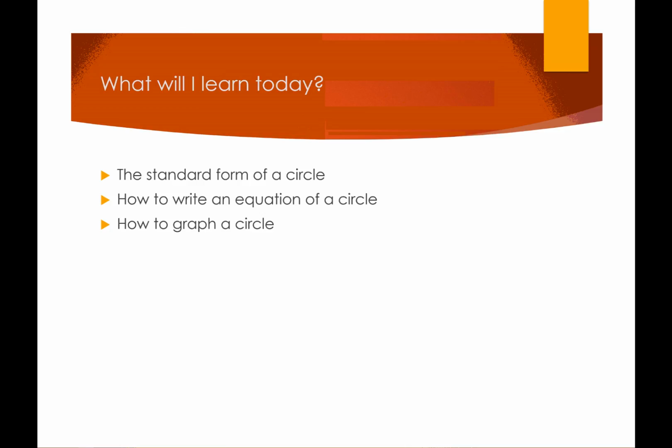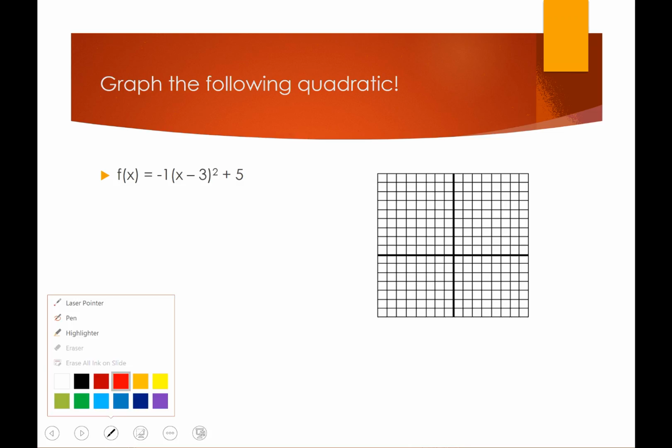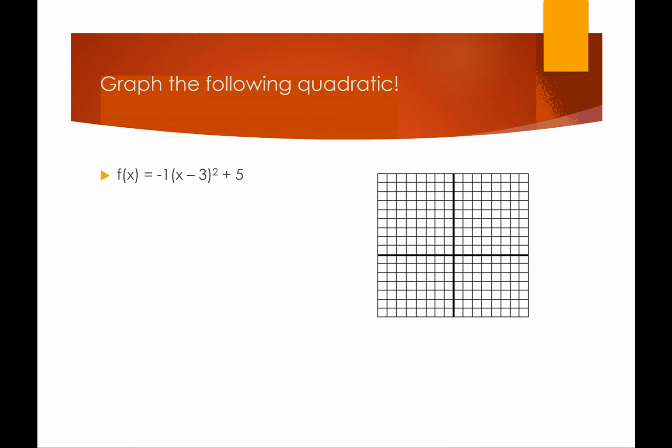So if I want to graph this quadratic, remember that our vertex from last year is at negative h and k. So it would be at 3, negative 5.